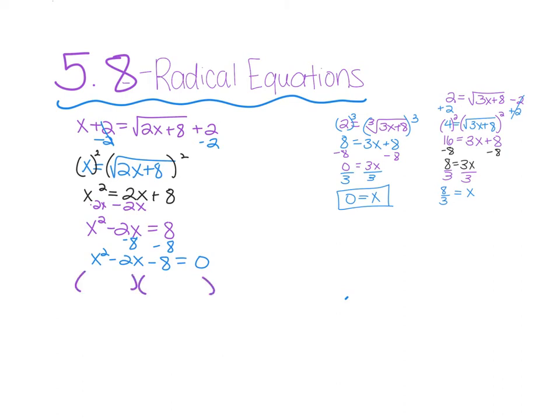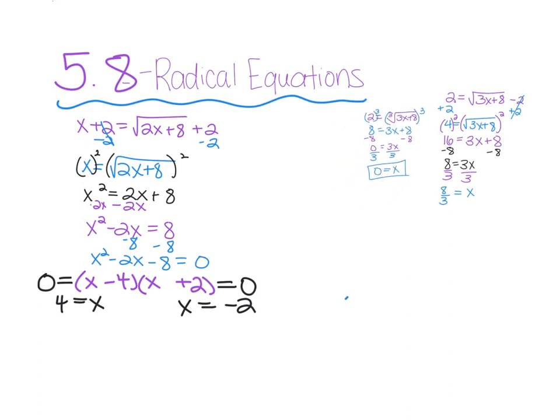So I'm looking for the factors of negative 8 that sum to negative 2, which would be negative 4, positive 2, and then I would set each of these equal to 0, because if either one of those is 0, the whole equation would be 0, which is what we're looking for. Add the 4, x equals 4, subtract the 2, and x equals negative 2.